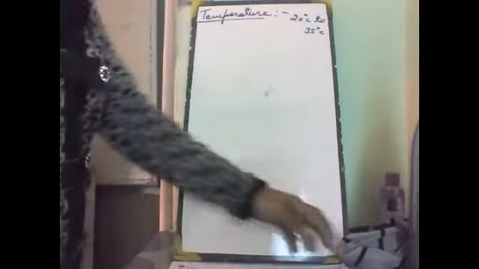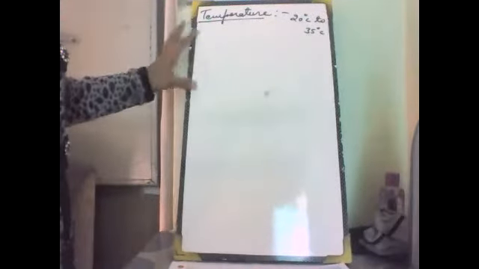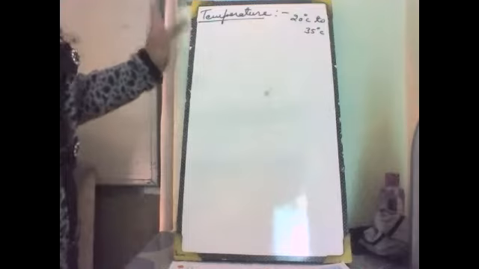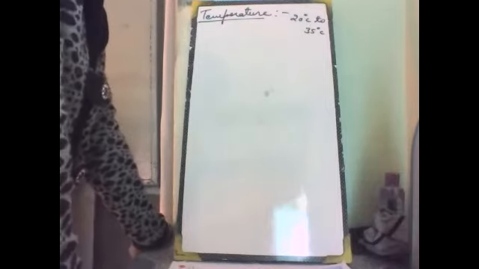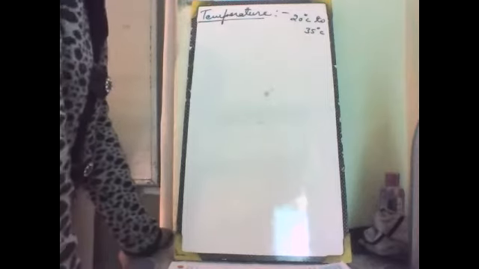If light is not proper for photosynthesis, all the other things are good, but still the rate of photosynthesis slows down because the light is not proper for that process.